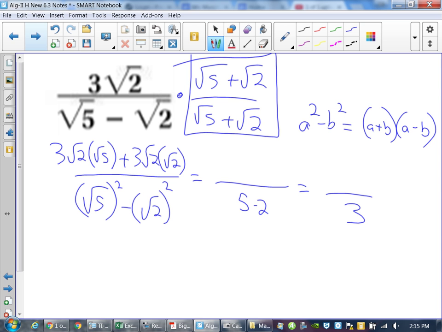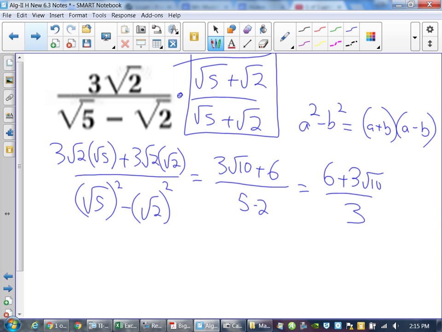So I get 3 root 10. 3 times root 2 is 6. Now, my numerator then, I need to rewrite it so the number comes first. And I get 6 plus 3 root 10.